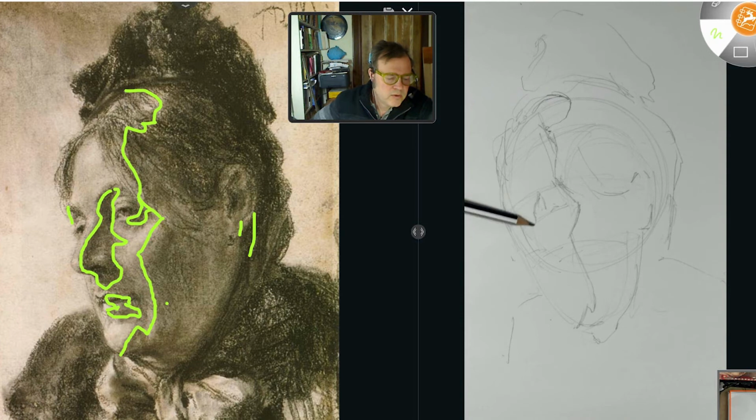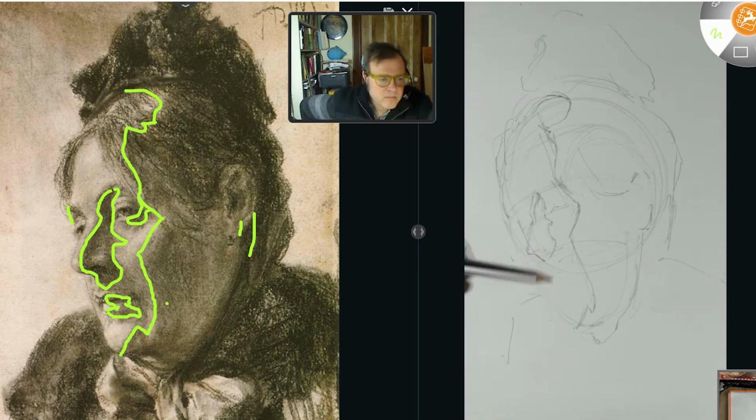And we want to learn to draw them as if we were copying the sea coast of Florida or England or something. Just forget it's a nose, forget it's a mouth, and just try to draw these shapes as you see them.